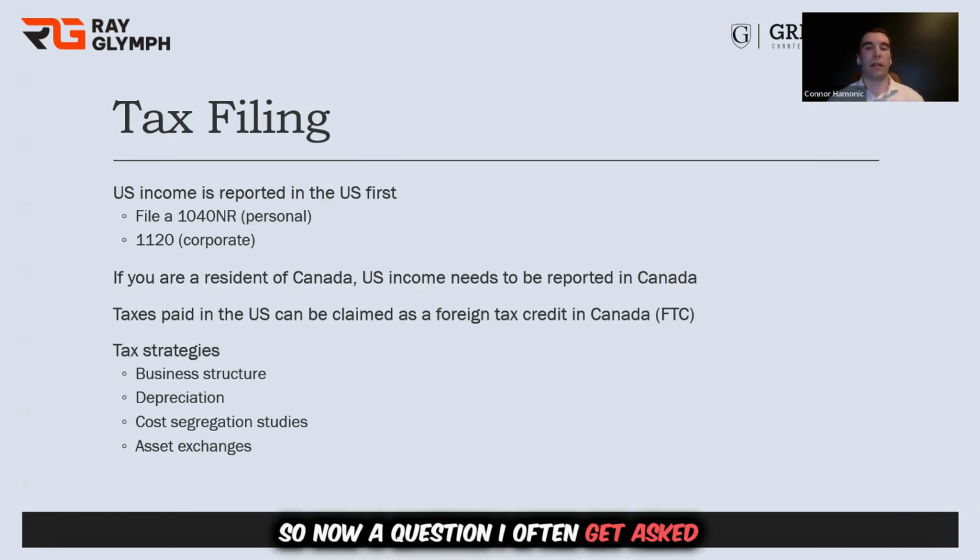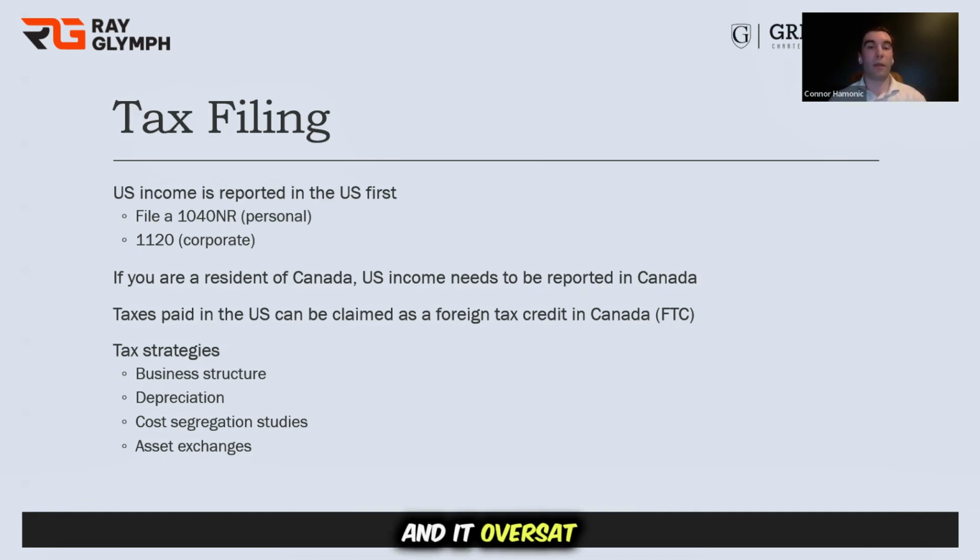So a question I often get asked is, am I paying tax twice on my US income? If I pay tax in the US first, and I pay tax in Canada, am I paying tax twice? And the short answer is no. You may pay tax in Canada as well, but you're not being double taxed on it. We can claim the taxes that were paid in the US as a foreign tax credit in Canada.